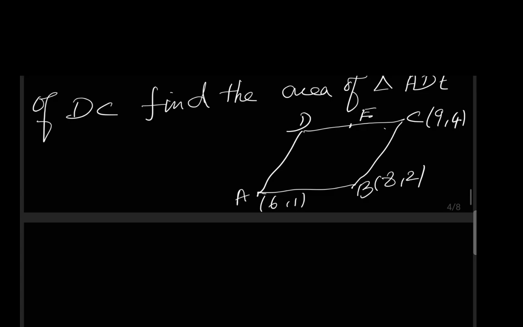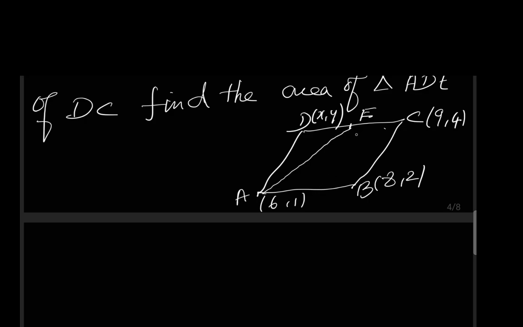Simply they given E is the midpoint, they did not mention the coordinate, and also we don't know the coordinate of D also. Let me take the coordinate of D as (x, y). So first you are supposed to find the area of triangle ADE, the smaller triangle. So first you have to get E because two vertices here are unknown.